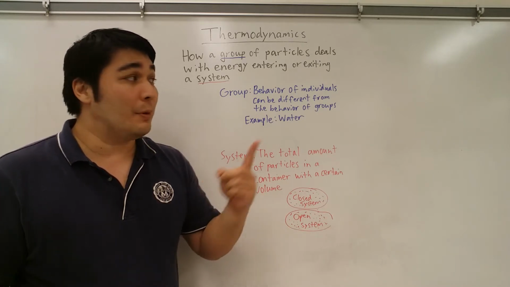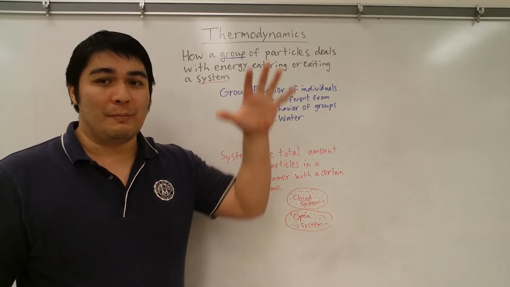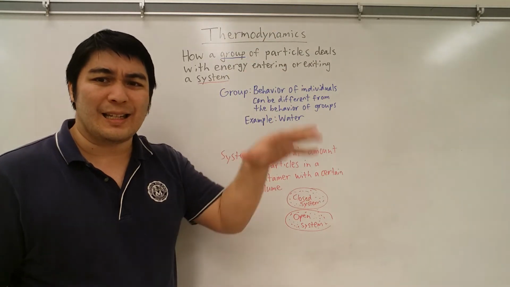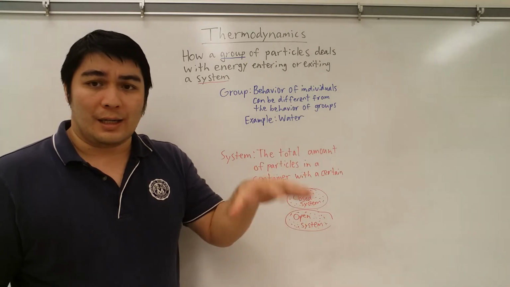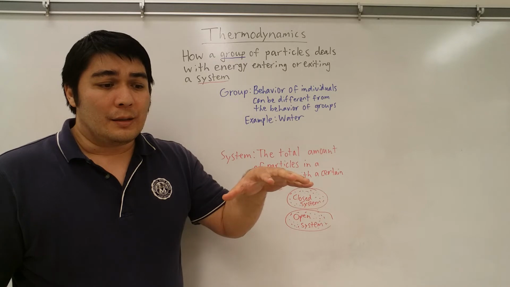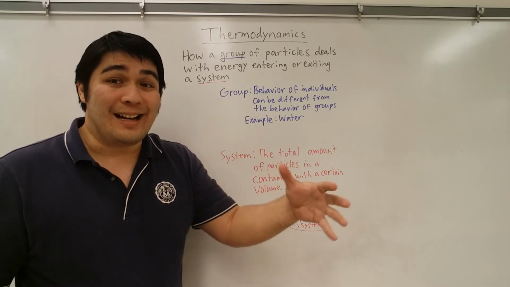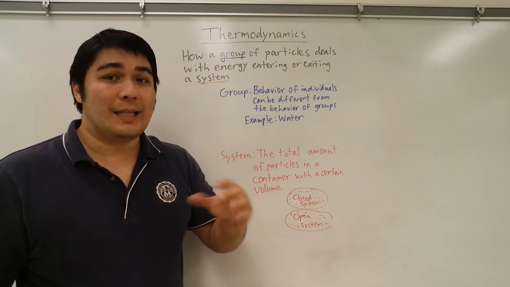However, as an example of how group behavior can be different, if you have miles upon miles of water, which is tons and tons of water on top of an area, there's so much pressure that the water molecules actually cannot turn into steam. They would stay as water.